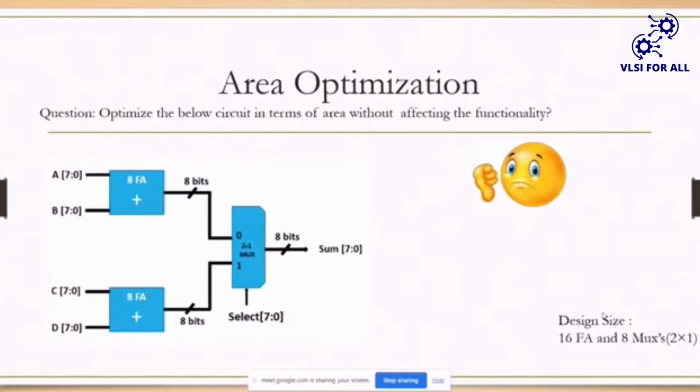And there are 8 groups of 2-to-1 multiplexers, which select either A plus B or C plus D. So the sum, which is 7 down to 0, contains either A plus B value or C plus D value. This is the design functionality. For this design, you require 16 full adders and 8 multiplexers.